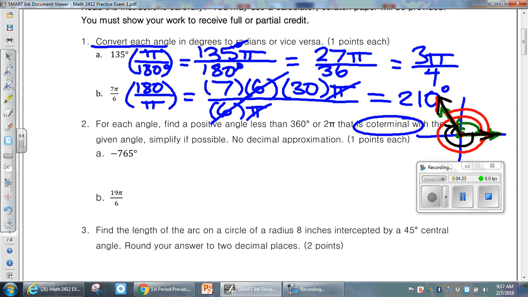For this question, you have to be very careful when you read it. It says, find a positive angle less than 360 that is coterminal. In this case, we start with a negative angle, so what I would do is add multiples of 360.